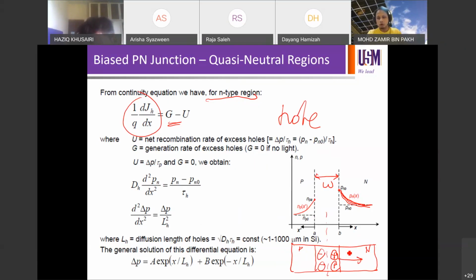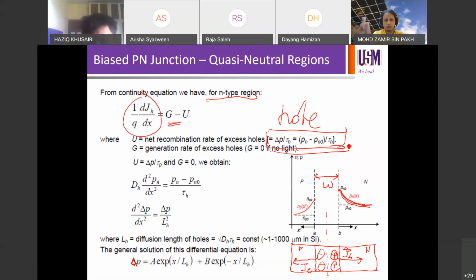So hole is the minority carrier in this region, and electron is the minority carrier in this region, okay? So the equation will be given by G over U. It can be simplified if you go through the details later on. The general solution of this differential equation will be given by this. Delta P will be given by this.